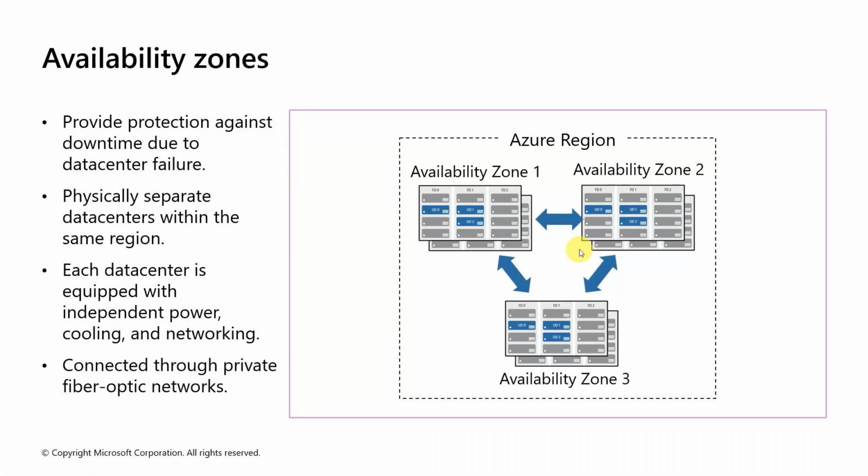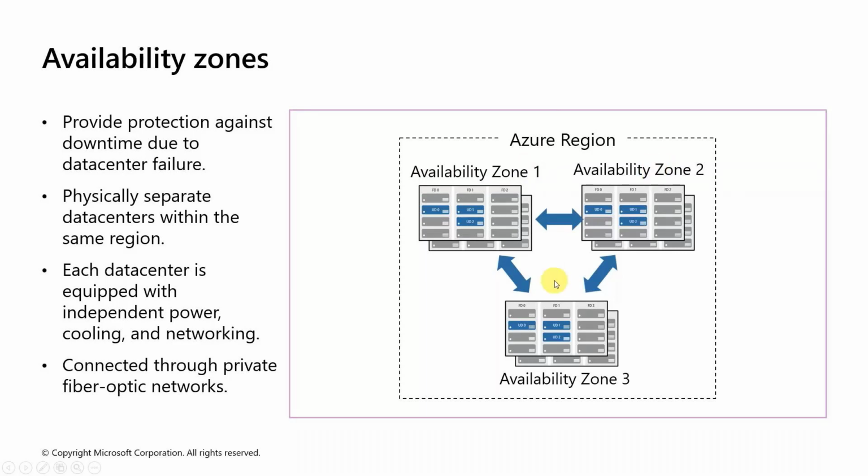Now, what is this zone? Basically, they are physically separate data centers within that same region. That means the electricity, networking, all that are separate. For example, when you create a server, you can choose whether you want that to be available in zone 1 plus zone 2 or zone 3 or all together.